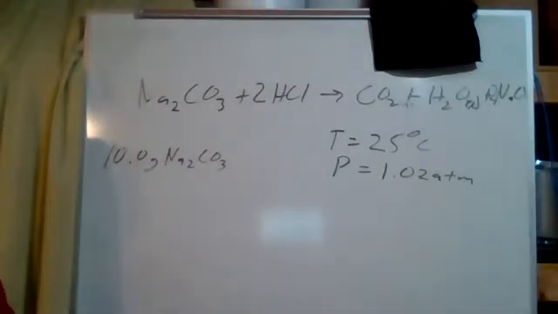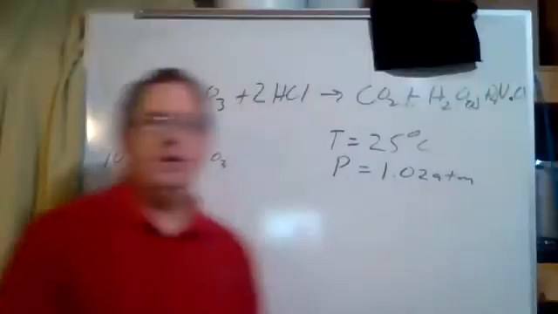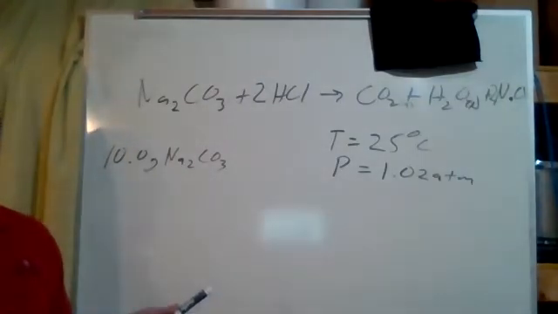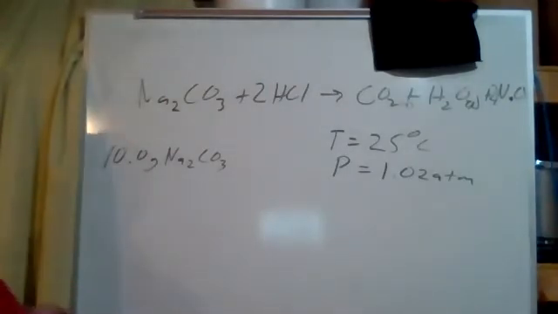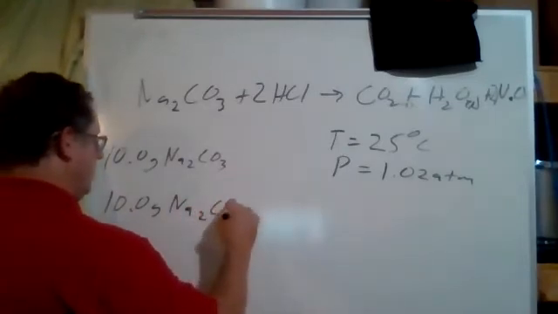Okay, what volume am I going to get? Well, this is a relatively simple problem. Again, I say simple, I don't say easy. That just means we don't have a lot of steps to it. Well, the first thing I need to do is take my given amount and convert it to moles. So I have 10.0 grams of sodium carbonate.